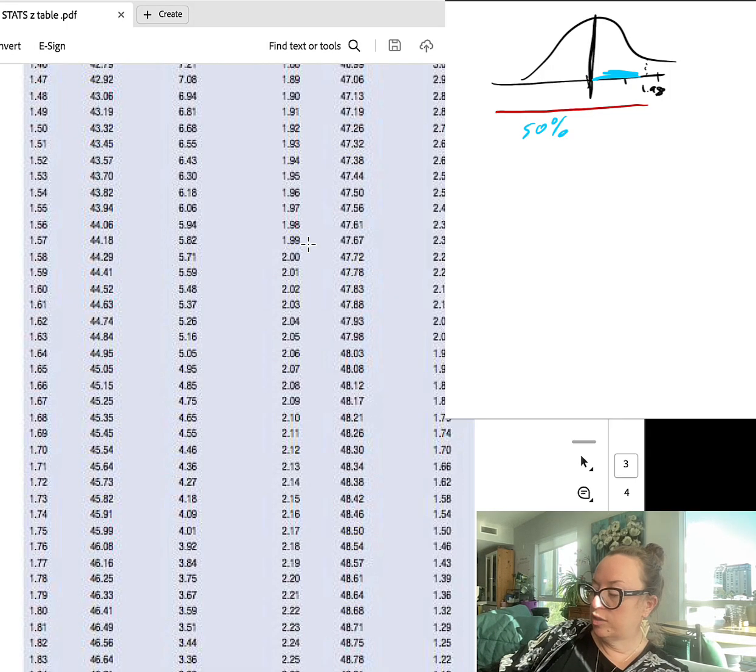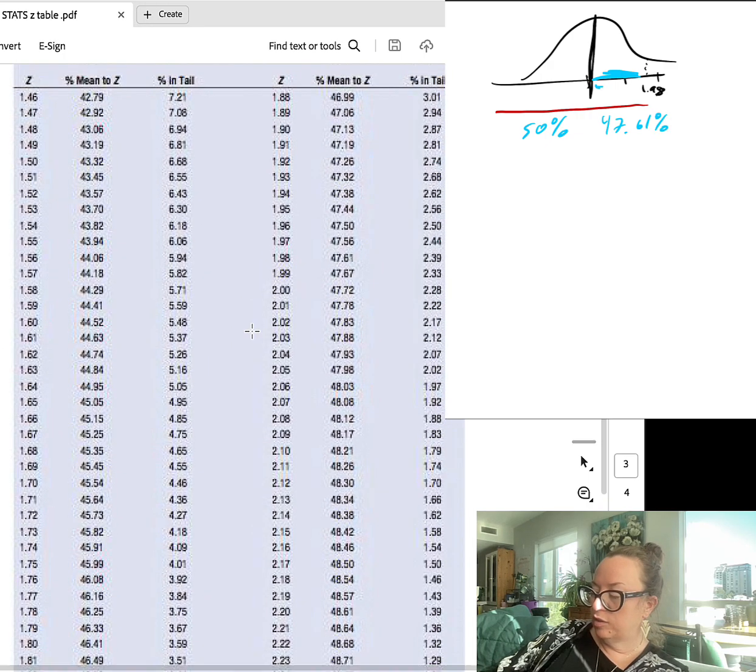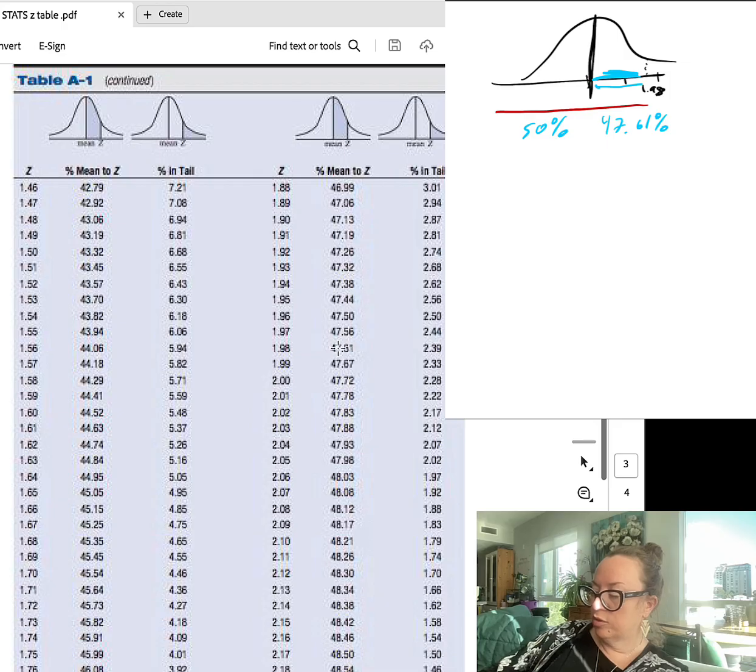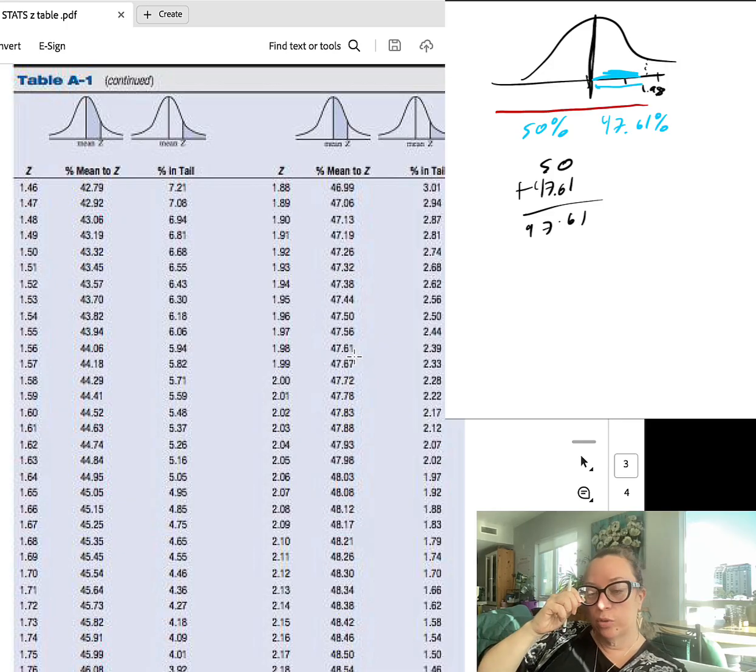So 47.61% of people are between the mean and the z-score. So then we just add 50% plus 47.61%, and then you have, what is that, 97.61% of all scores are underneath that z-score. Okay, you seeing how easy this is?